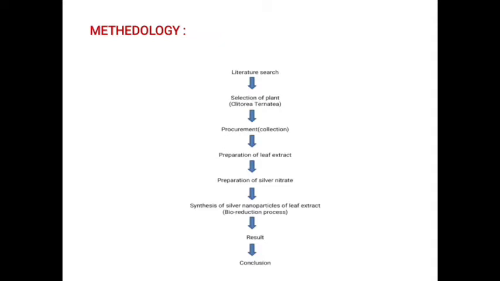This step is followed by preparing leaf extract from the collected plant material and then the preparation of silver nitrate. Synthesis of silver nanoparticles by leaf extract is carried out, and then the results obtained are concluded.